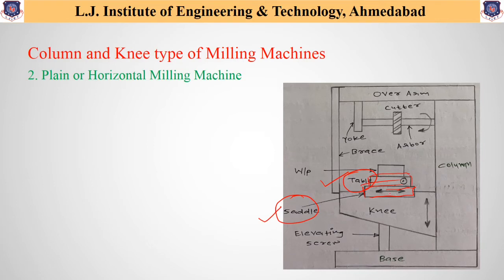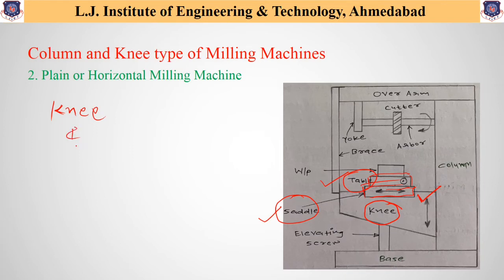So these two are the saddle and table. And as we can see, for cross movement of the saddle and table, horizontal guideways are provided on the top surface of the knee. So for the movement of the saddle and table, guideways are also provided on the knee. So this is the basic explanation of the part that is the knee. As we can see, in this type of machinery, two major parts are available which help in the machining operation.